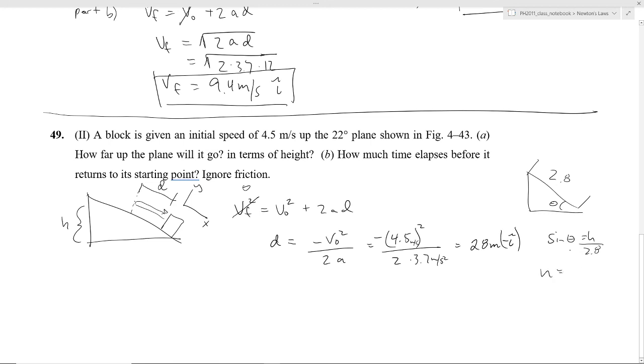So the height here would just give us 2.8 sine theta. And so this height is about 1 meter. Okay, and that was part A.